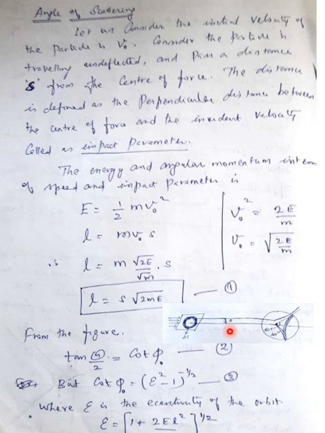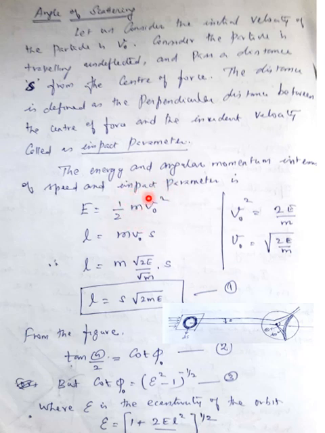What will be the value of epsilon? Epsilon is equal to 1 plus 2E L square by m k square, whole power half.